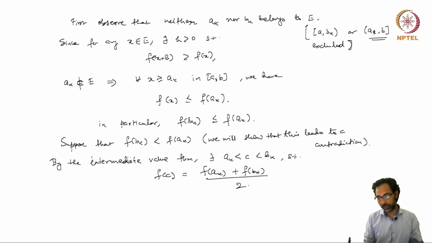So this is the average of the values that the function f takes on ak and bk, and such a c exists by the intermediate value theorem.